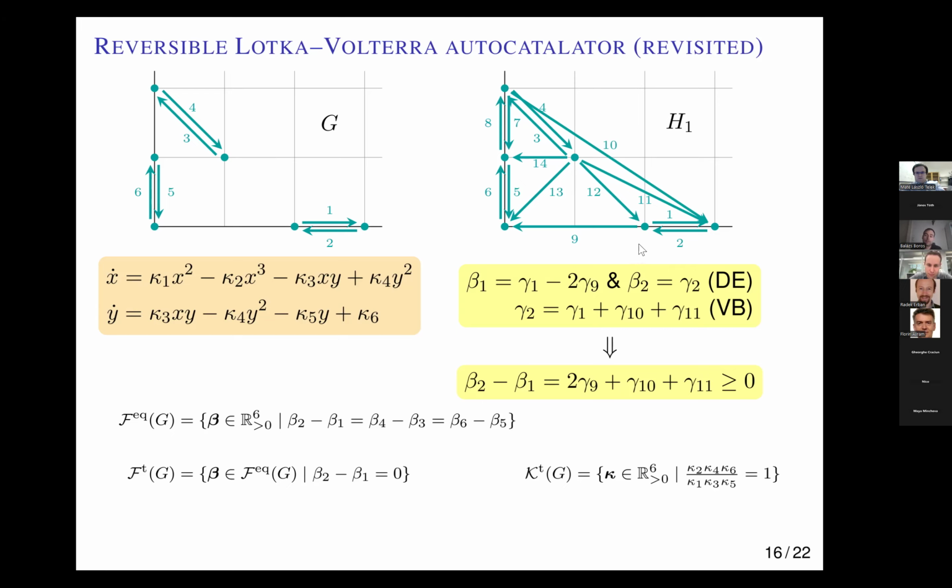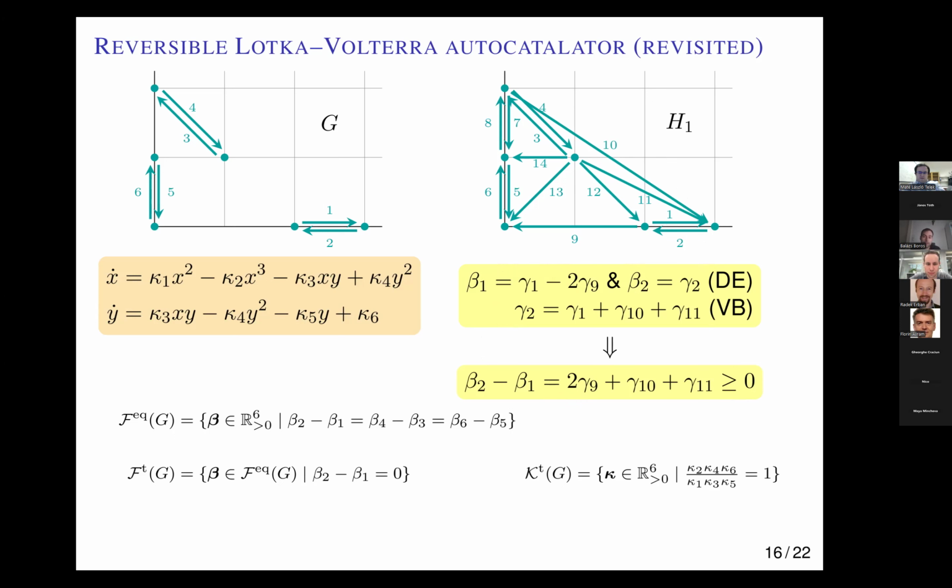And additionally, for vertex balancing at this particular vertex on the second graph, the outflux is gamma 2, the influx is gamma 10 plus gamma 11 plus gamma 1. And from this, what I find is that beta 2 minus beta 1 must be non-negative.